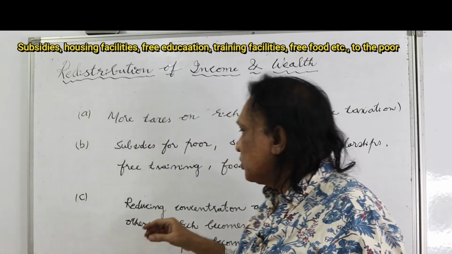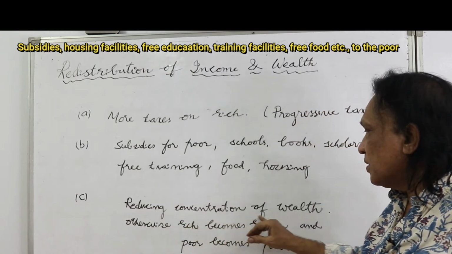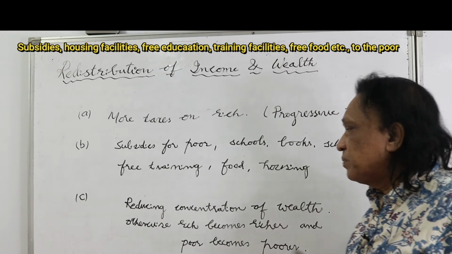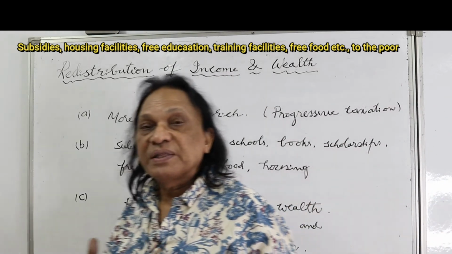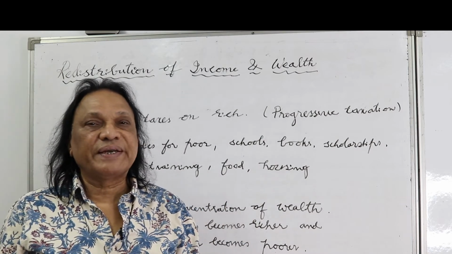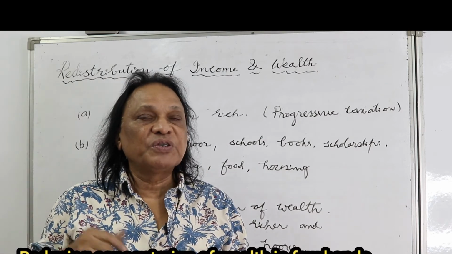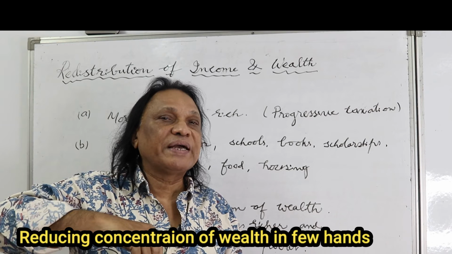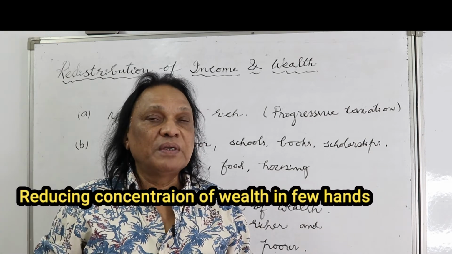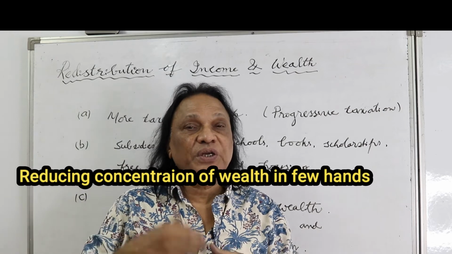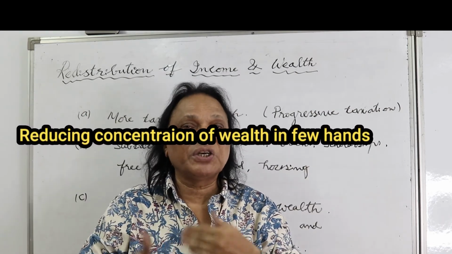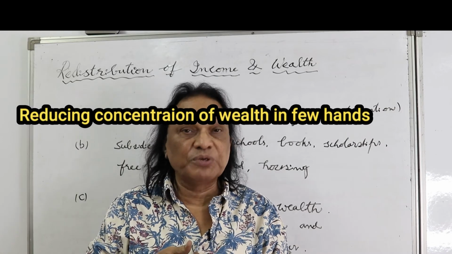And the third point is reducing concentration of wealth, otherwise the rich become richer and the poor become poorer. If all the wealth is in the hands of the rich people, it has no sense, because rich people don't utilize it. The more money is utilized in the economy, the more aggregate demand goes up. The more demand for goods, obviously more production. We already learned in national income accounting, there is a chain reaction, the circular flow of income.